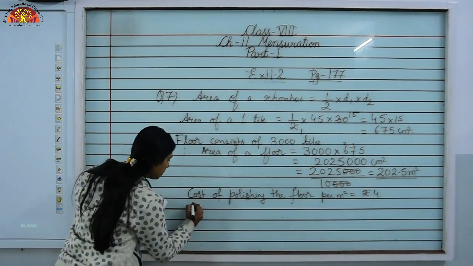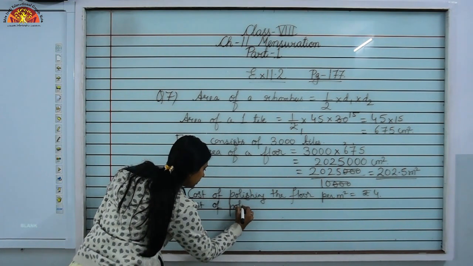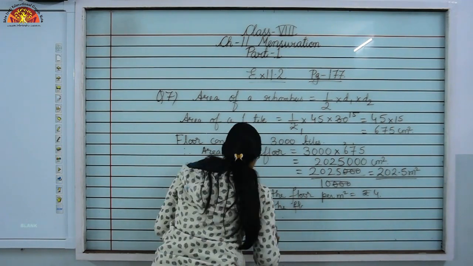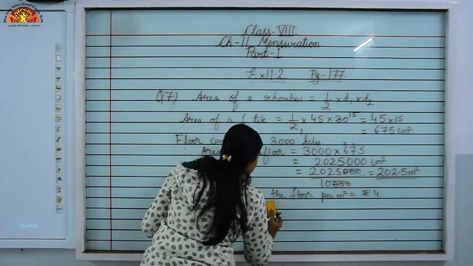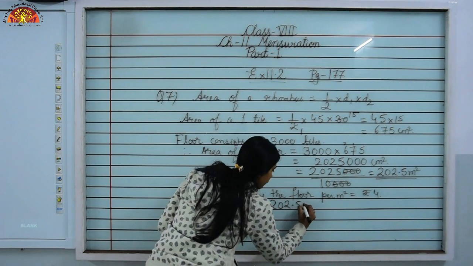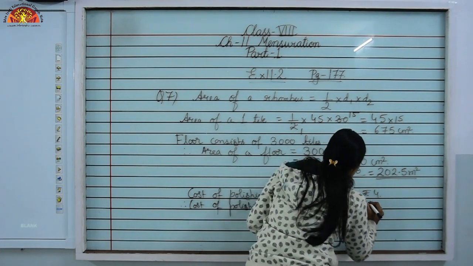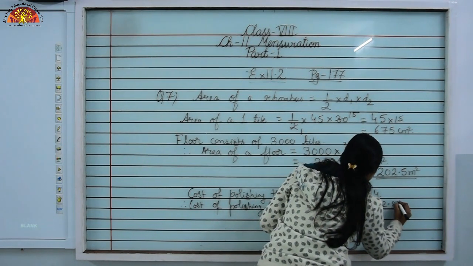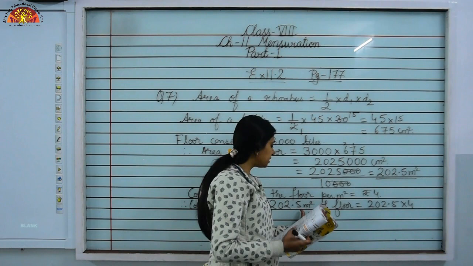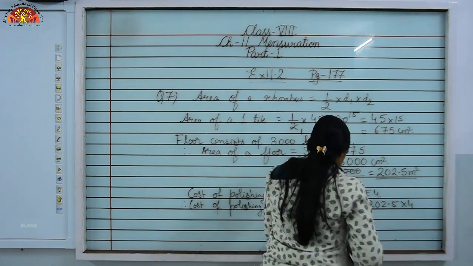Therefore, the cost of polishing 202.5 meter square of the floor is equal to 202.5 into 4. So which will come?